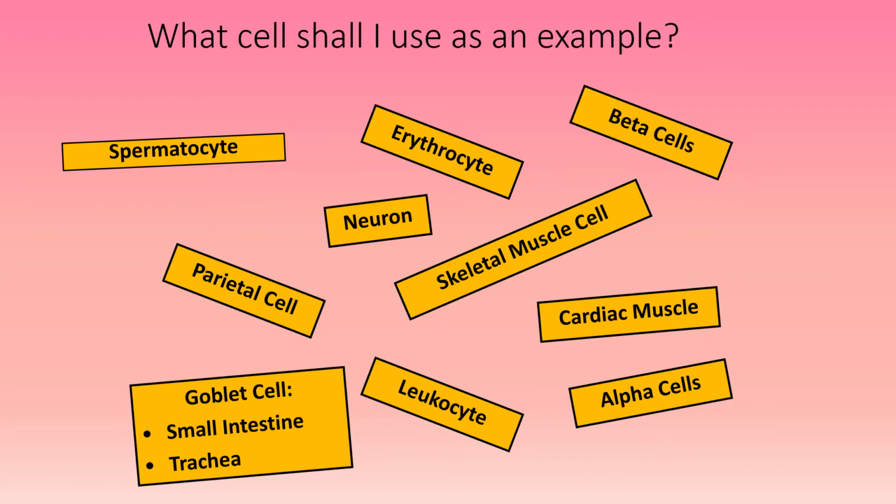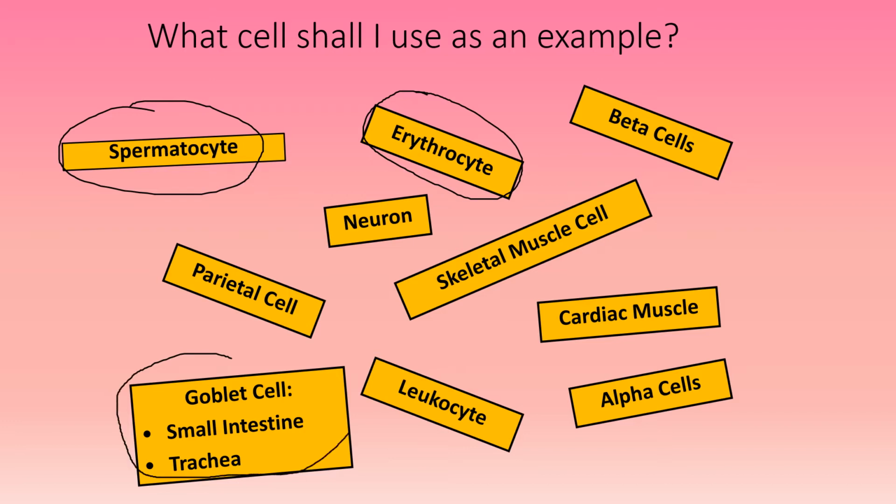So I've given you some examples there on the screen of specific cells that you could choose. I'm going to cover a spermatocyte, an erythrocyte, and a goblet and ciliated cell of the trachea. Those are what I'm going to choose for today's PowerPoint or video.